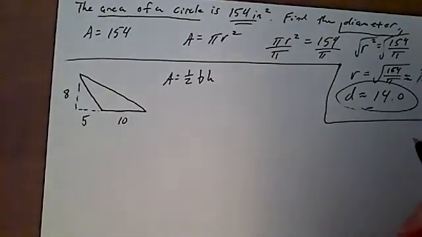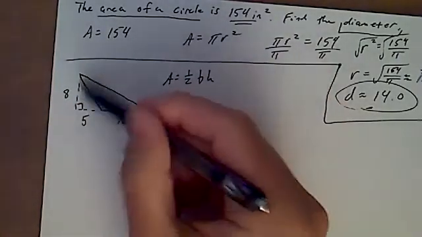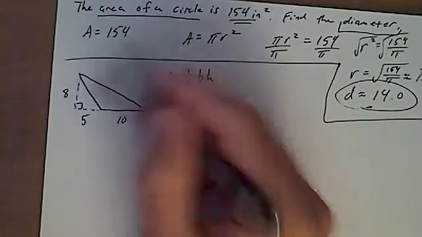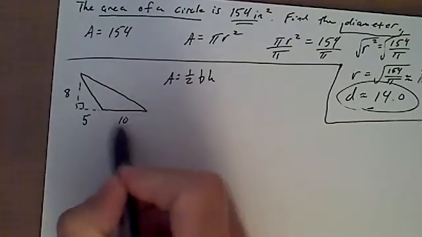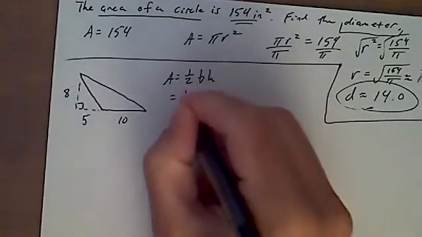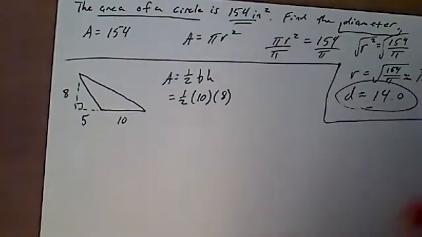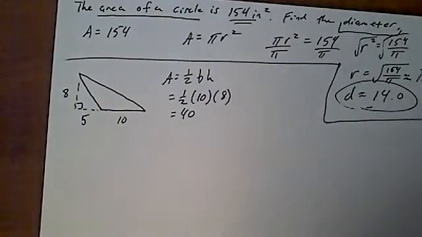This is a right triangle here. The height is 8, and the base is just the part here that's actually part of the triangle, that's 10. So we get 1/2 the base of 10 times the height of 8, and we get 40.